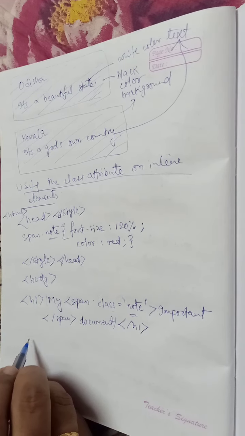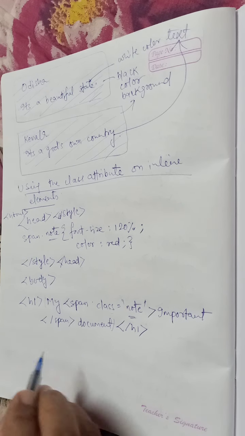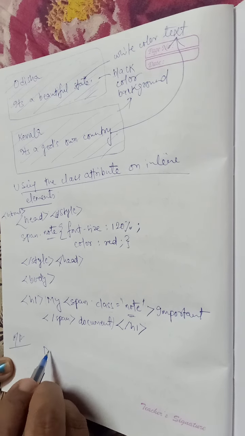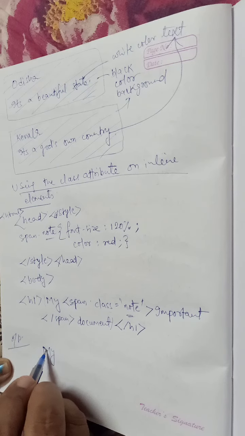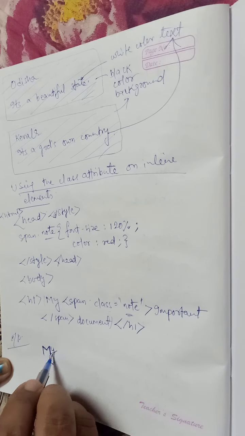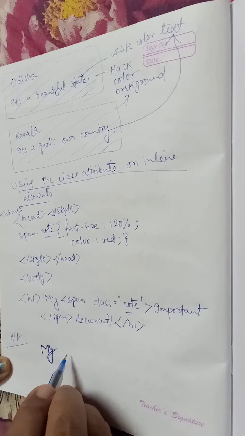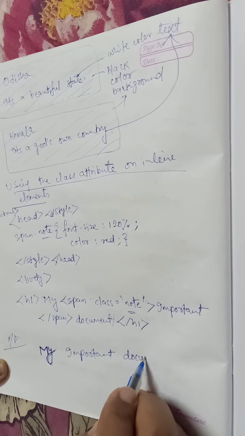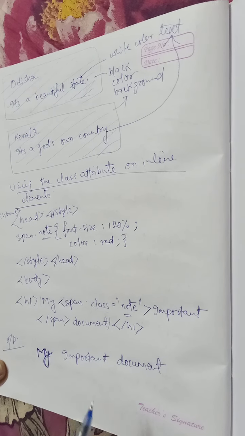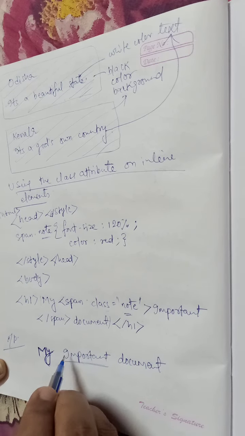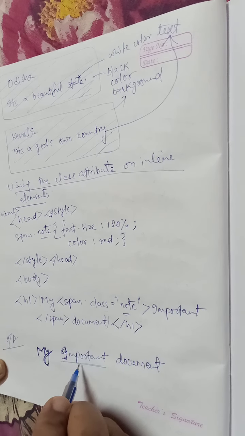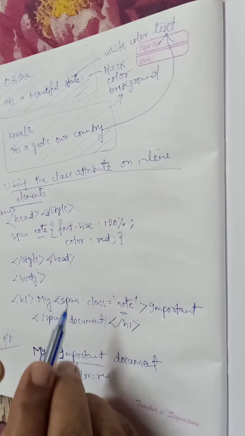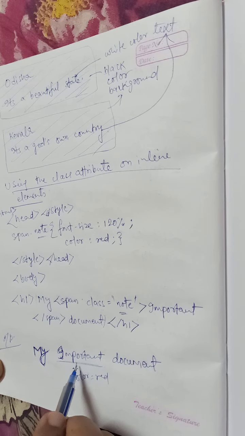So here my output will be this heading, which will actually be bold and somewhat bigger in size. The words important document will have red text color as mentioned here, and the font size will be somewhat greater, 120%, as I have written here.